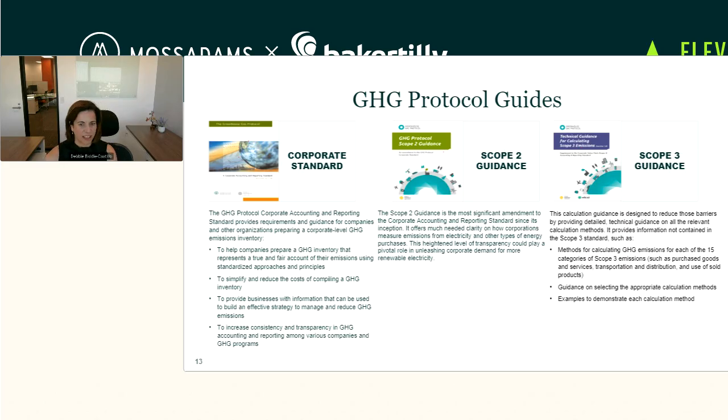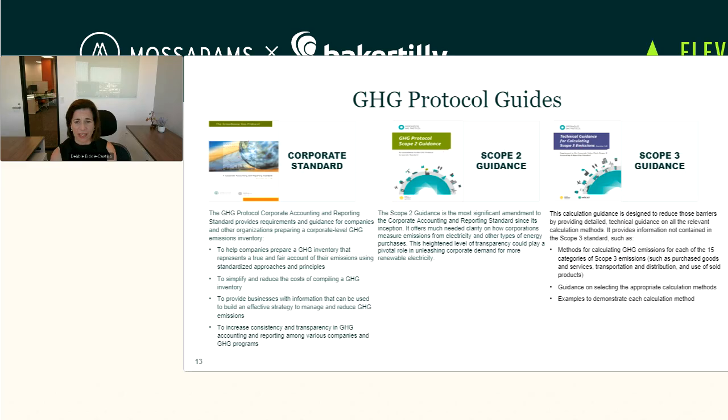Then we have the Scope 2 guidance, which provides more technical clarity for indirect emissions from electricity and energy purchases. It was introduced to clarify how to account for market-based and location-based emissions, and so plays a really key role in increasing data transparency, particularly around use of renewable energy certificates and power purchase agreements. And then finally on the right, we have the Scope 3 guidance, which is a technical calculation companion specific to Scope 3.